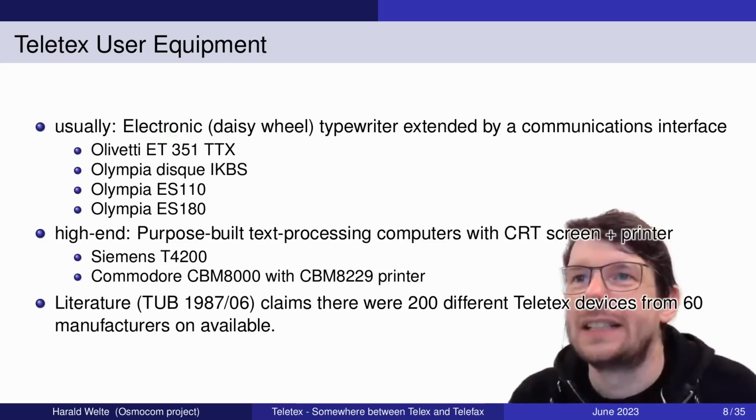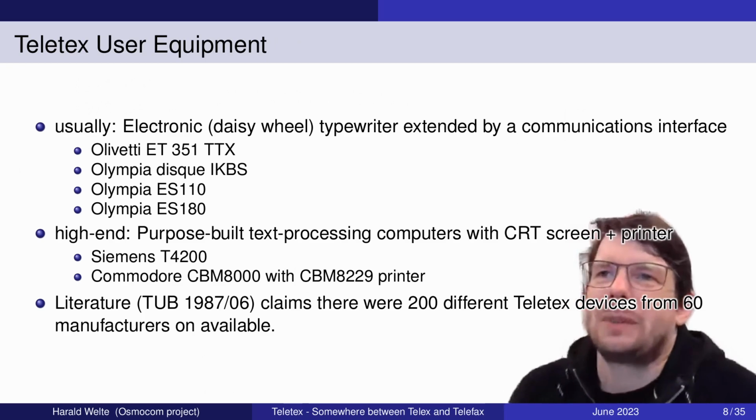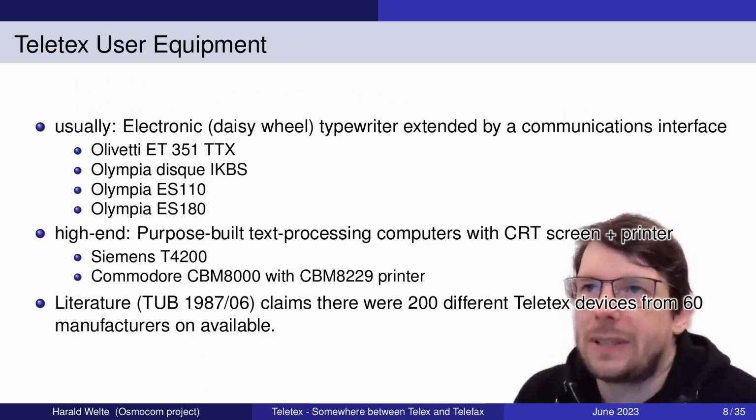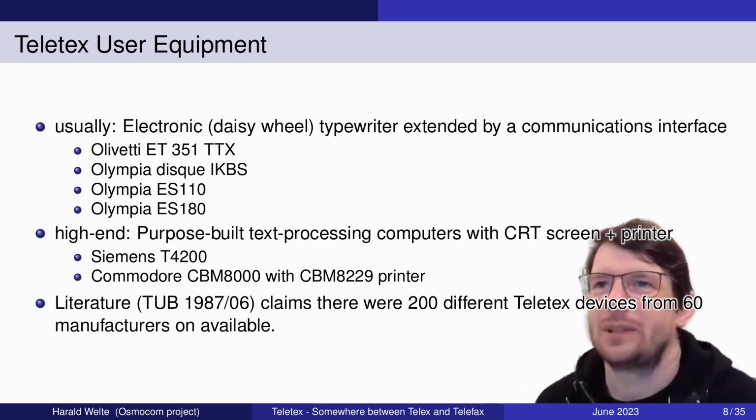So what kind of user equipment did the service have? The usual basic device was an electronic daisy wheel typewriter that was extended by a communications interface.